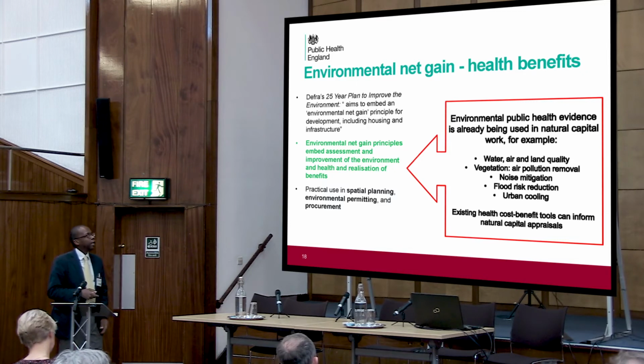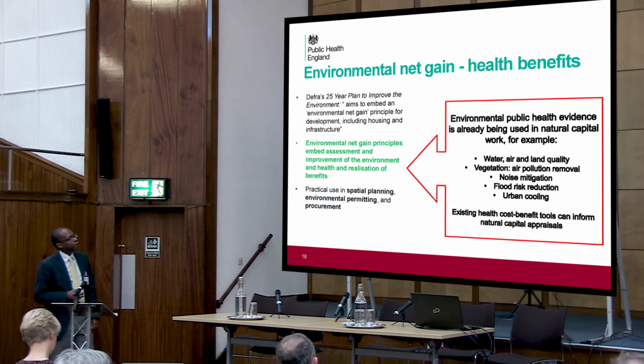We are looking again at DEFRA's 25-year environment plan, which proposes a principle of environmental net gain, and we're working within this to understand how environmental public health evidence can build into natural capital work, evidence around the impacts of water, air and land quality, the importance of green and blue space in enhancing health, the use of vegetation to improve air pollution, mitigating noise, flood risk reduction and flood risk measurements, and how we can build health improvement components into that as well.